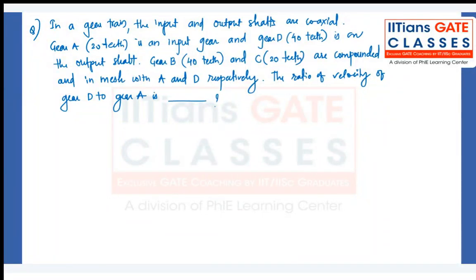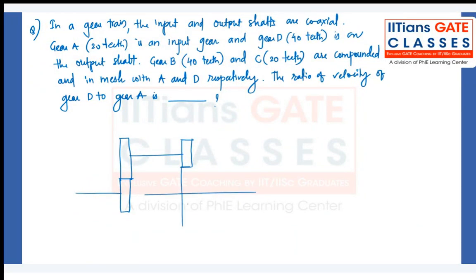Yes, it is very simple. It's a reverted gear train problem. We have a gear A, to which gear B is connected, then we have gear C, and then gear D. So this is a reverted gear train.